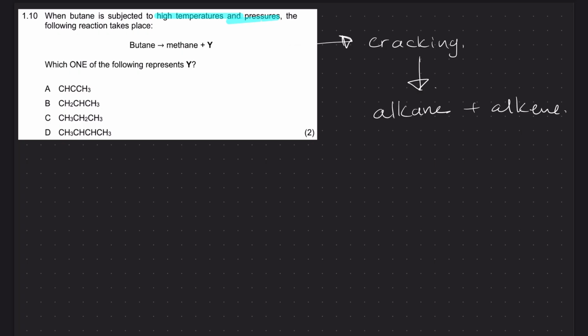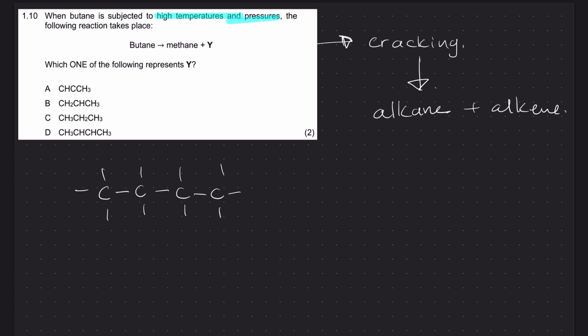Now, since we have broken up butane, butane is a 4-carbon alkane. And when this broke, it broke into methane. We know methane is a 1-carbon.